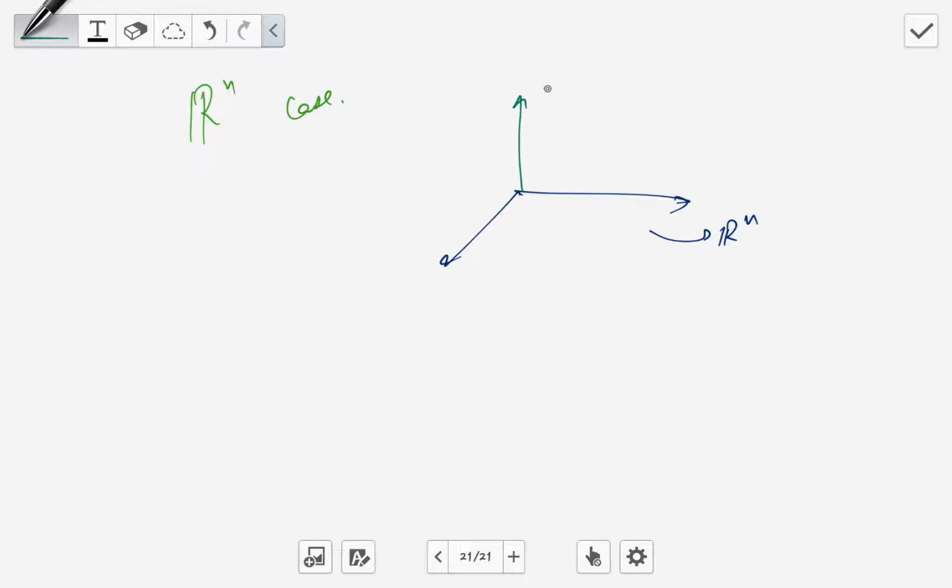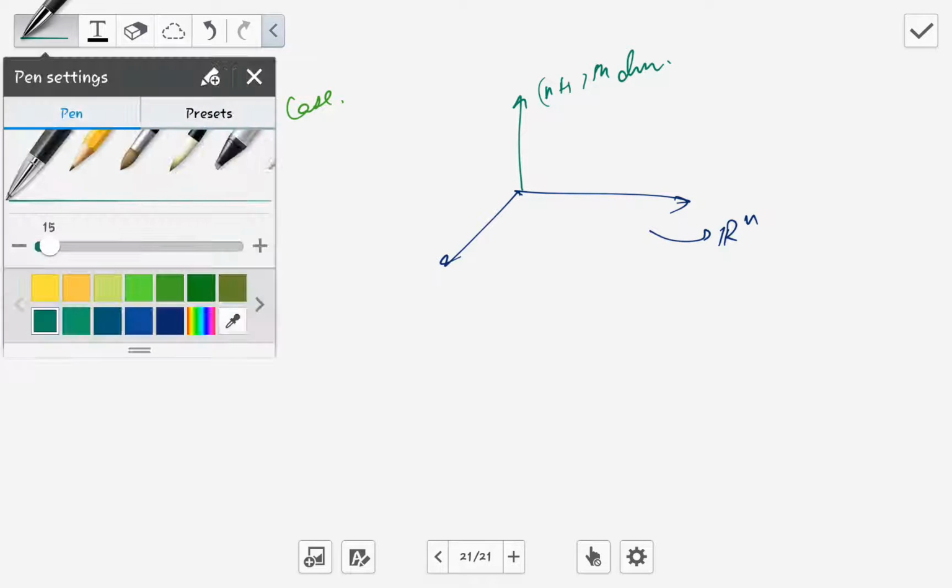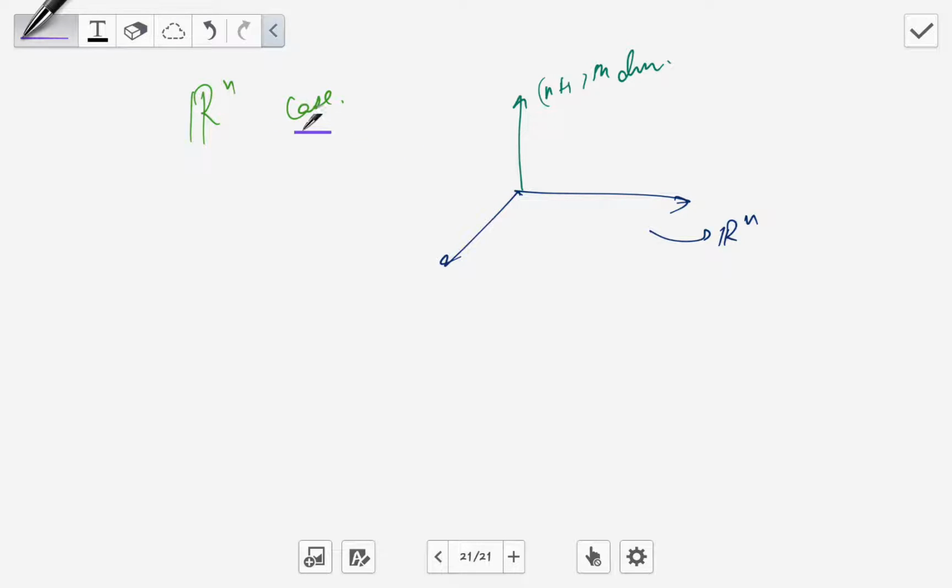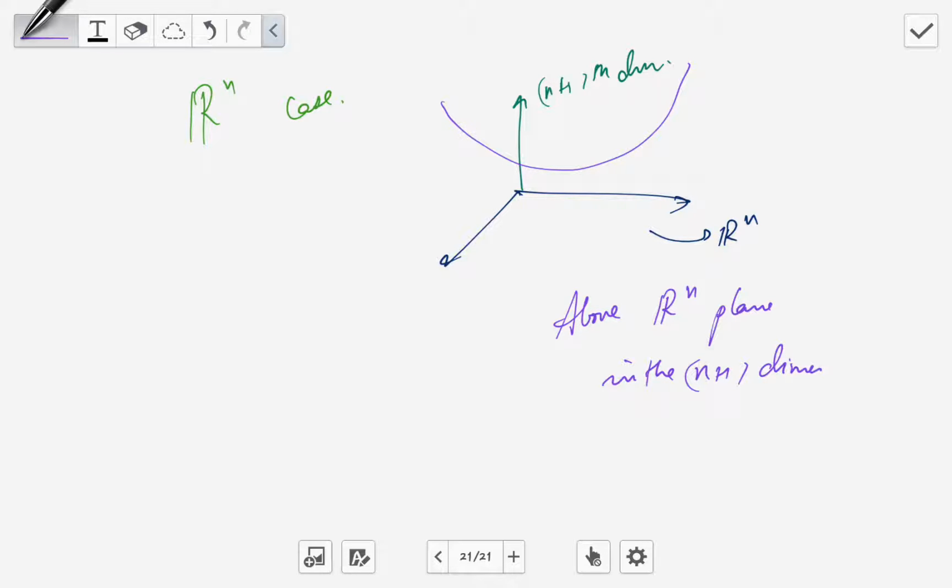Suppose in that space where this is the n plus 1 dimension, I am drawing that curve. And I want this curve to be above the Rn space. You are getting that? Above the Rn plane in the n plus 1 dimension space.